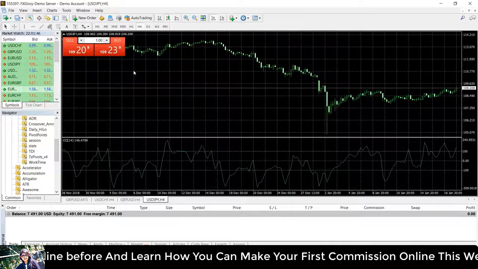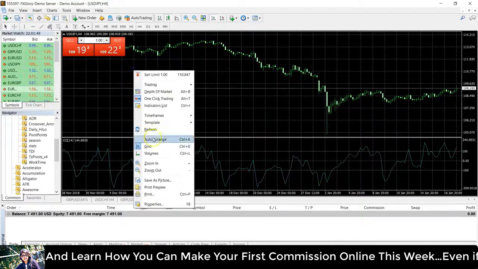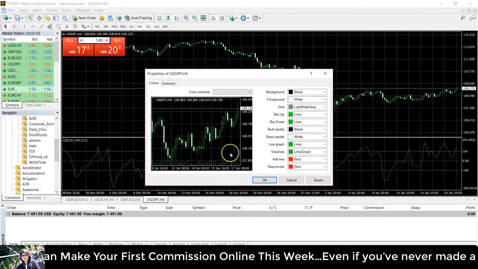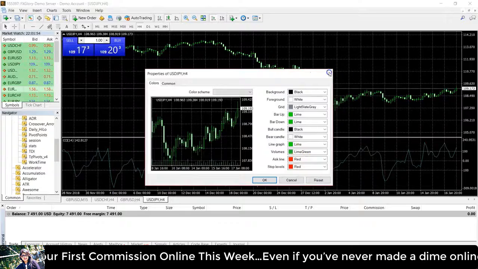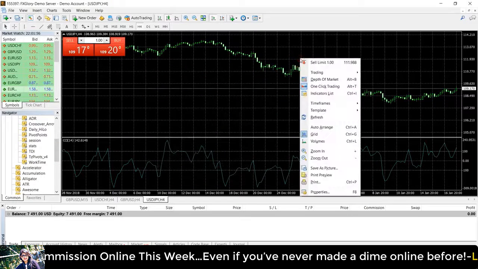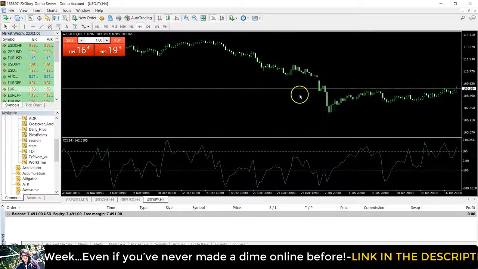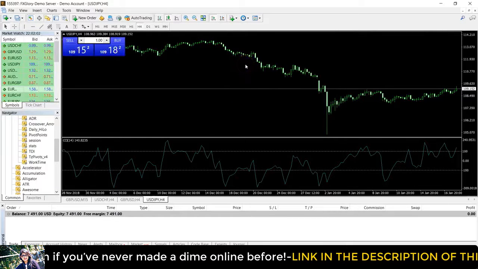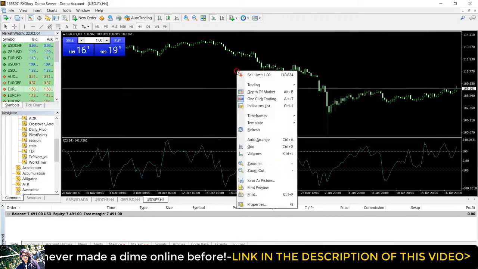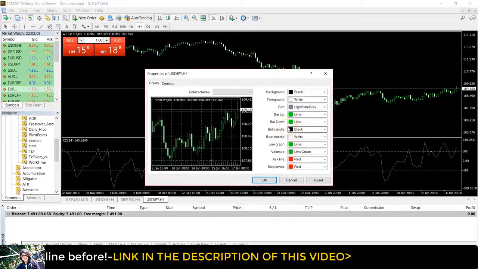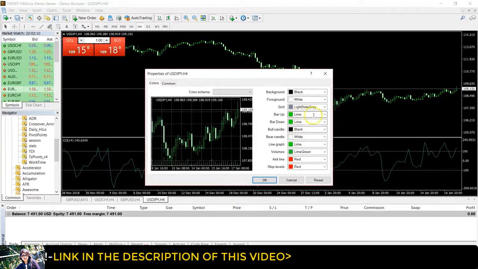The first thing you want to do when you get on here is right click and go down to properties. Well, before you do that, right click again and click grid. Take the grid off. Those are those lines right there. Then right click again, go to properties, and you can change these colors.